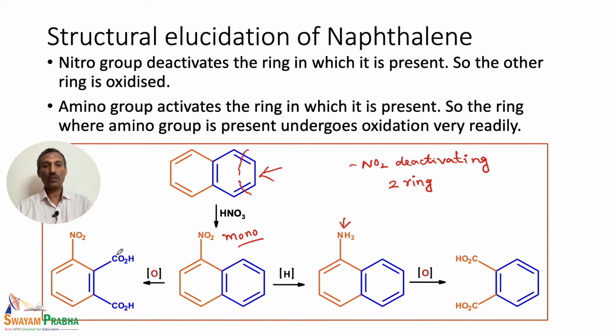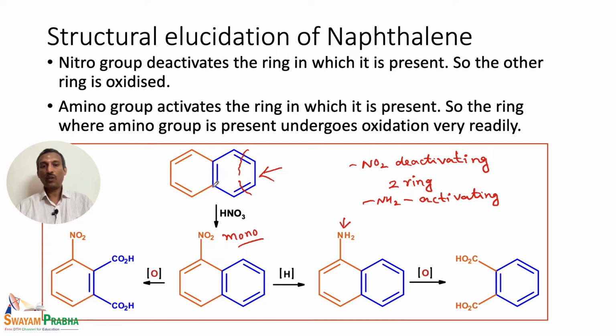So that is the reason this particular blue ring undergoes oxidation very readily in the case of nitronaphthalene. But when we have an amino group present in that compound, this is an activating group. When we have an activating group, the oxidation cleaves the activated ring very readily.